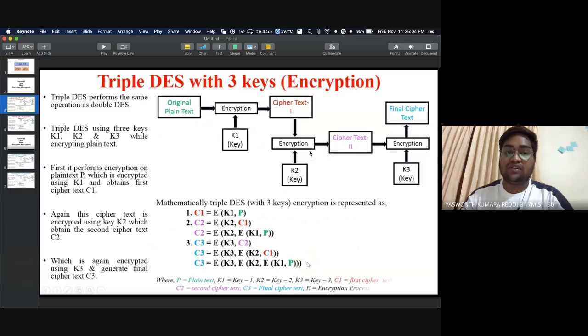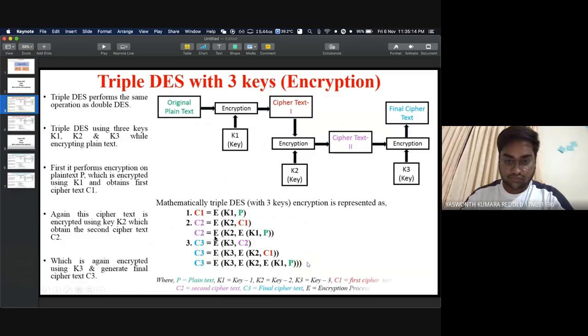Again the ciphertext is encrypted using K2, and we can write the equation C2 equals E of K2, C1, to obtain the second ciphertext.